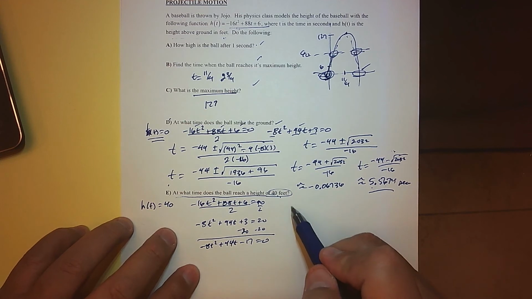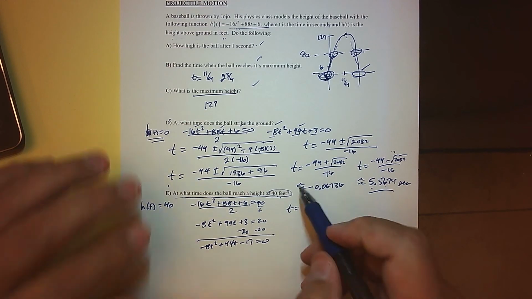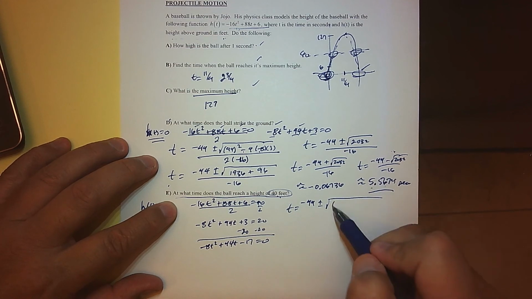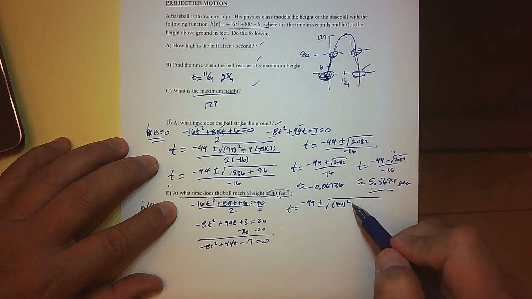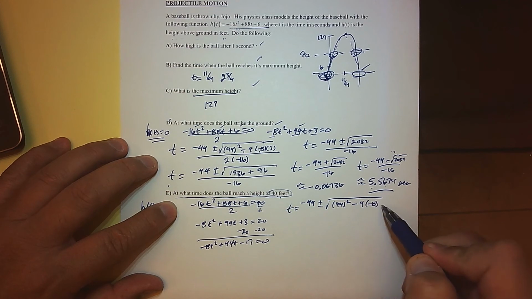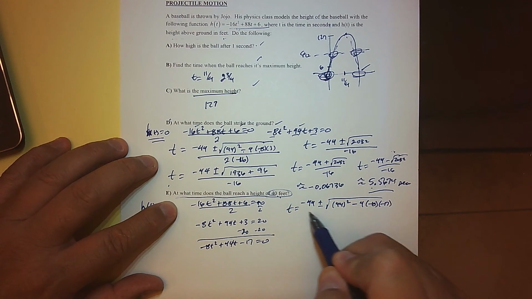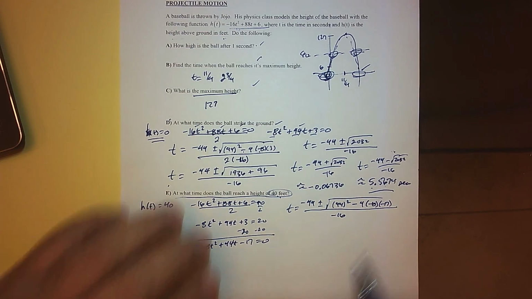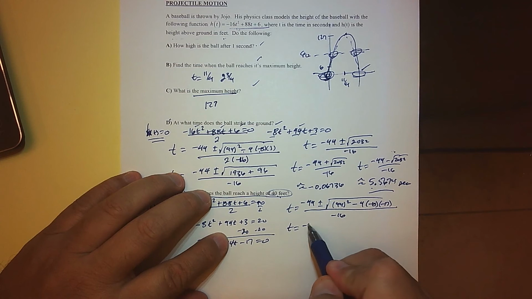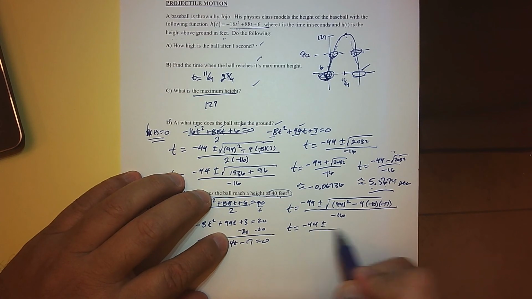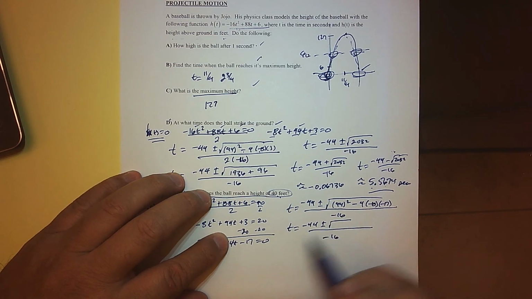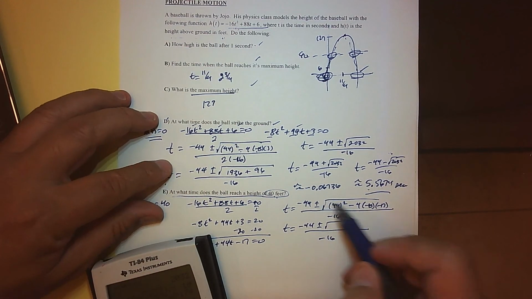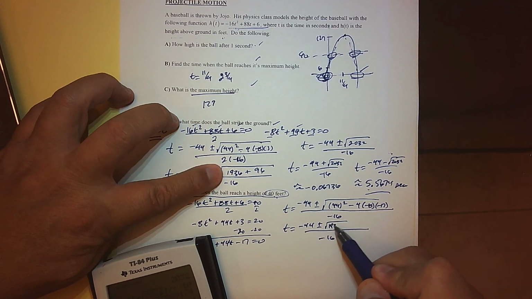So utilizing the quadratic formula again, we have negative 44 plus or minus the square root of 44 squared minus 4 times a times c, and then all divided by negative 16. So we definitely are going to probably be using our calculator at this point. We know 44 squared earlier we found is 1936.